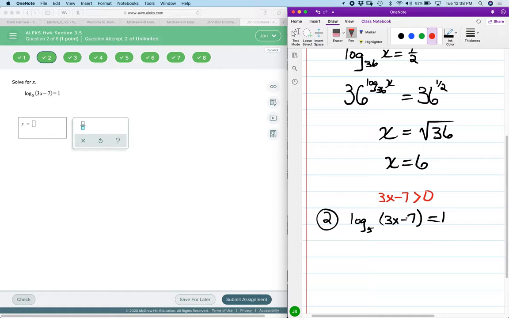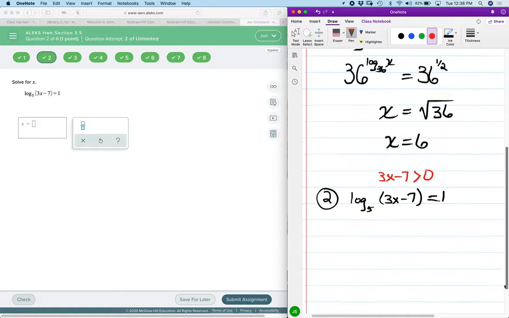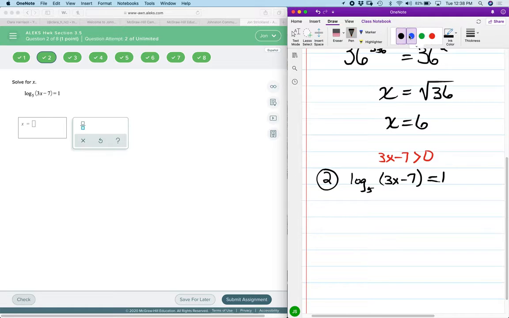That binomial is the argument for this logarithmic term. Now, we're going to free up the 3x minus 7 from the base 5 logarithm. And again, we're going to apply what we just used for number 1. So we apply the exponential base, which will match up with the logarithmic base, and we'll treat both sides as powers to which the exponential base 5 is raised.